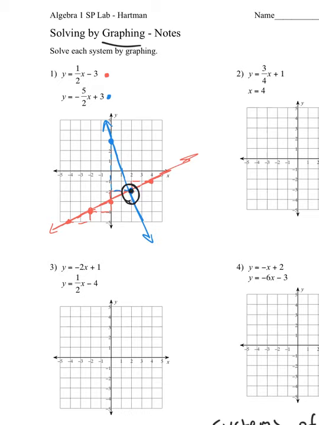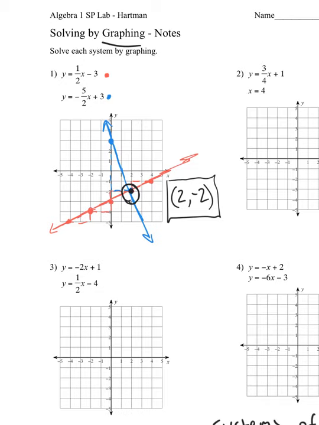What is that ordered pair? Guys, let's write it down. That ordered pair, the x-coordinate is 2. The y-coordinate is -2. Guys, that point where the lines intersect, that point satisfies both equations. That is a solution to this system of equations. All right? And so that's how you solve by graphing, guys.